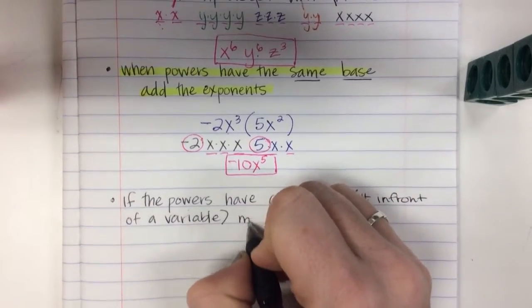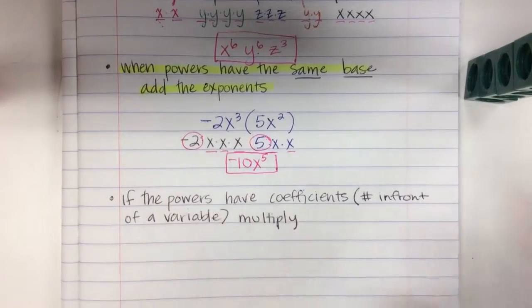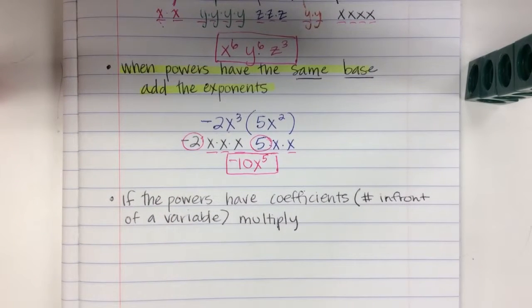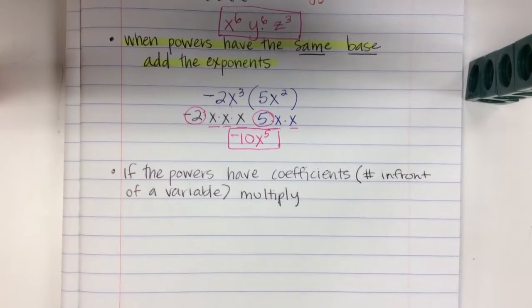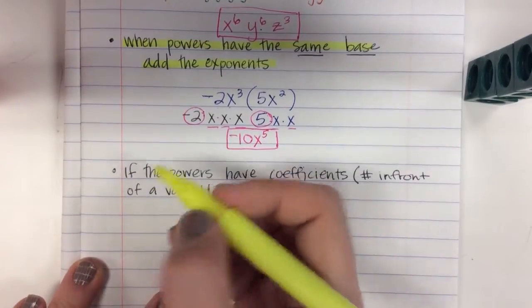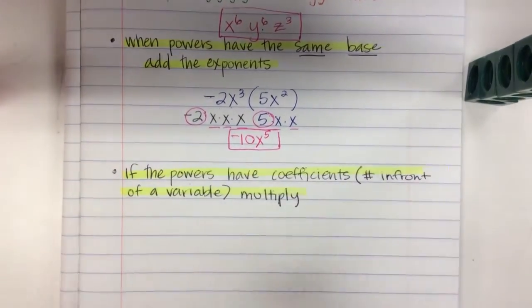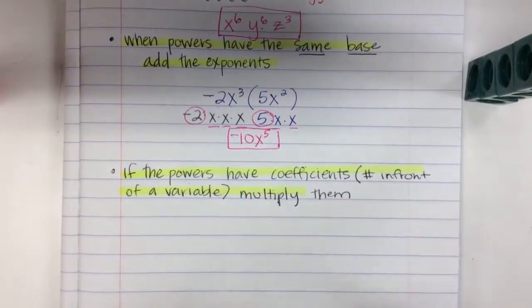Yeah, we multiply them. We combine them. And the reason we multiply them is because this is a multiplication problem. Since it's a multiplication problem, can you multiply numbers? Yes. So when the powers have the same base, add the exponents. If the powers have coefficients, multiply them. We'll finish it.